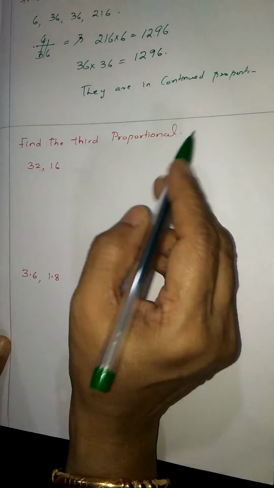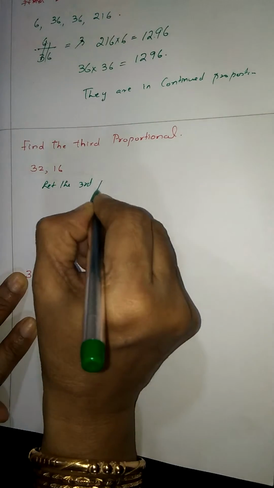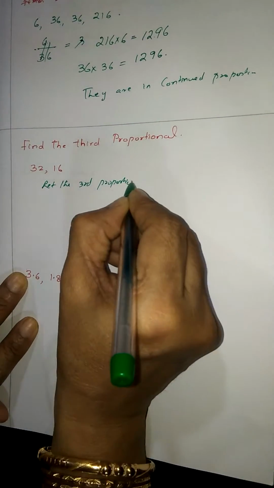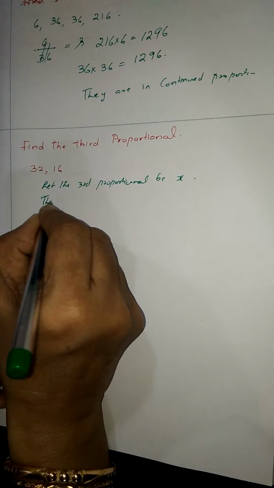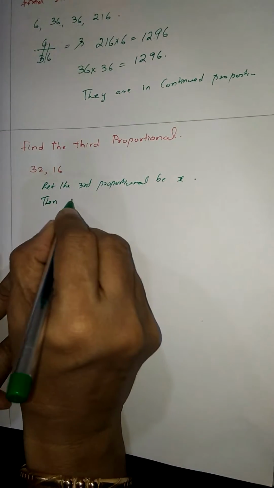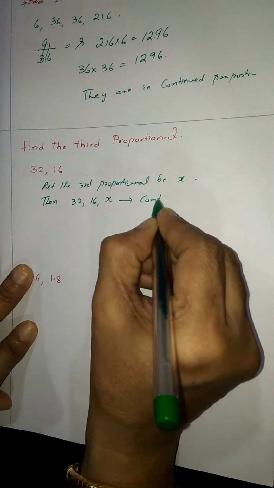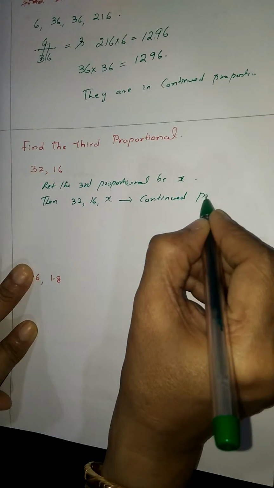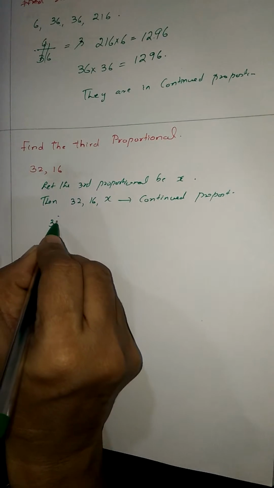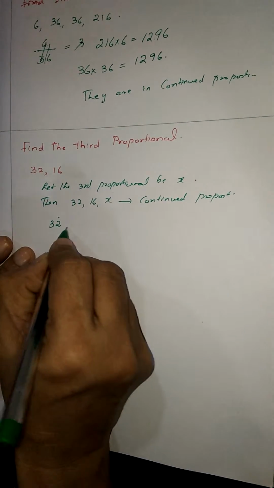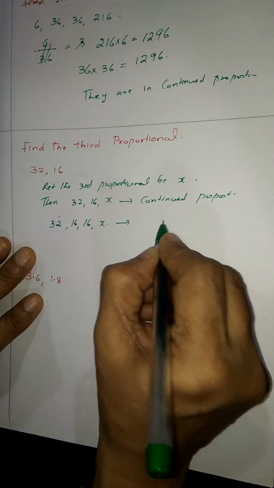Find the third proportional. So let the third proportional be x. Then 32, 16 and x are in continued proportion. That means 32, 16, 16 and x are in continued proportion.